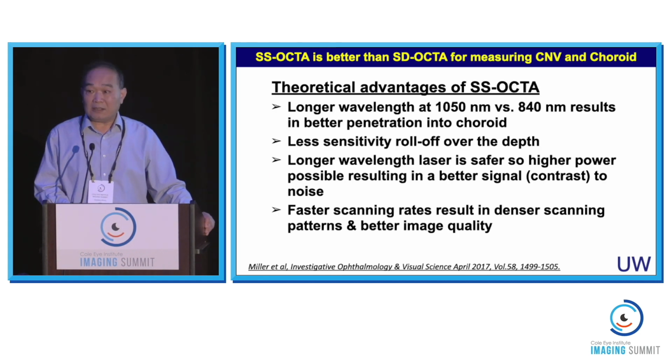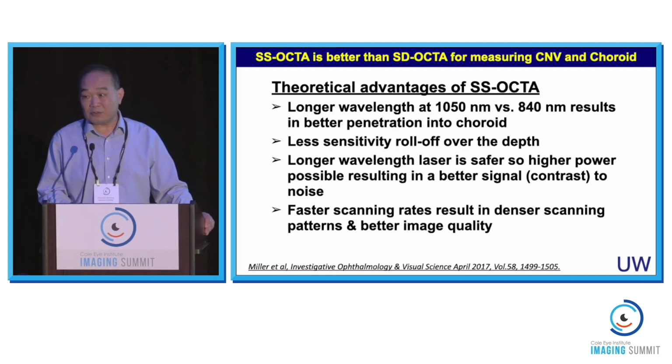And so why swept source OCT? Swept source OCT has a longer wavelength, which results in better penetration into the choroid, and it has less sensitivity roll-off over depth. And the longer wavelength affords more laser power injected into the eye, which will result in a better signal-to-noise ratio.